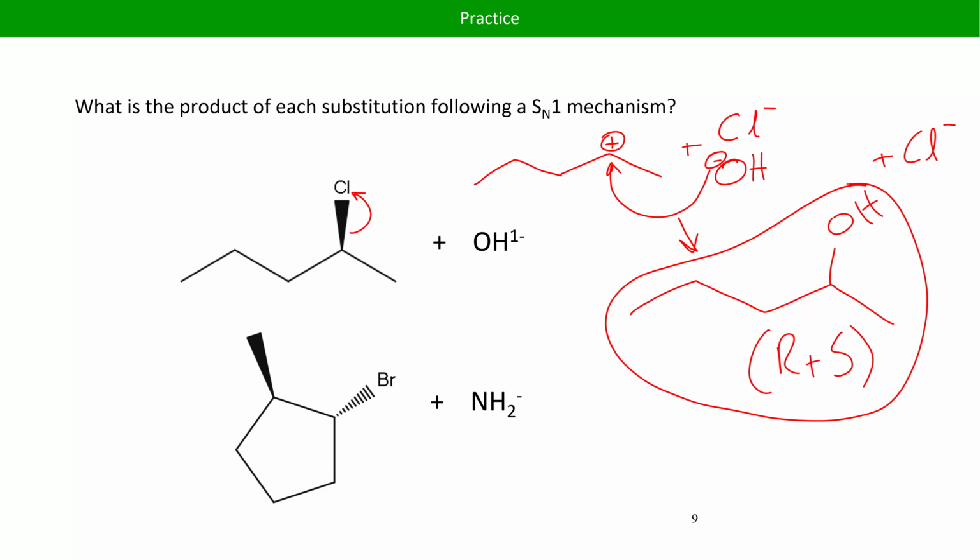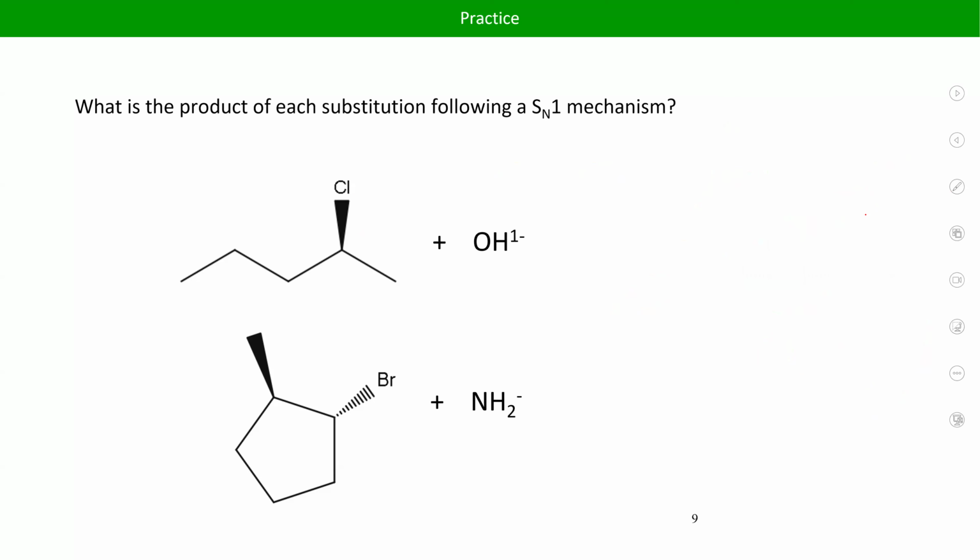Second one. What is our intermediate going to look like? Bromine.